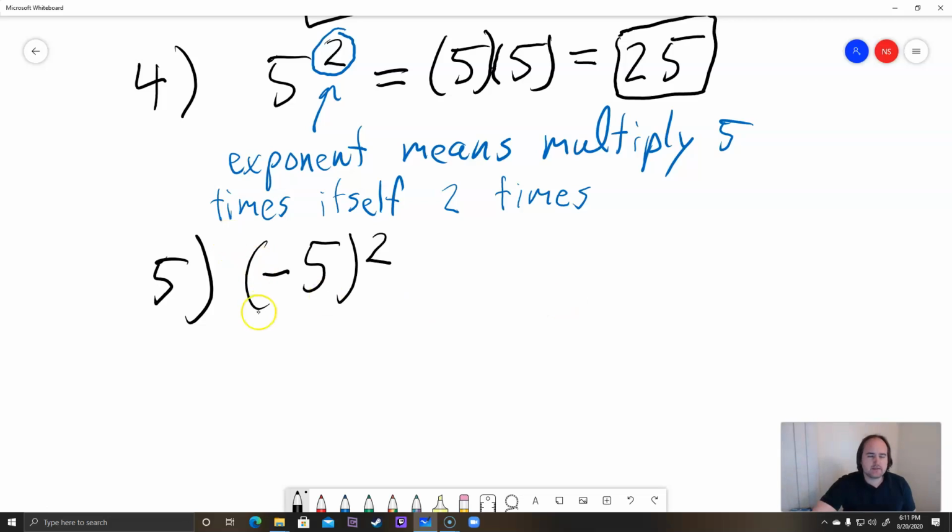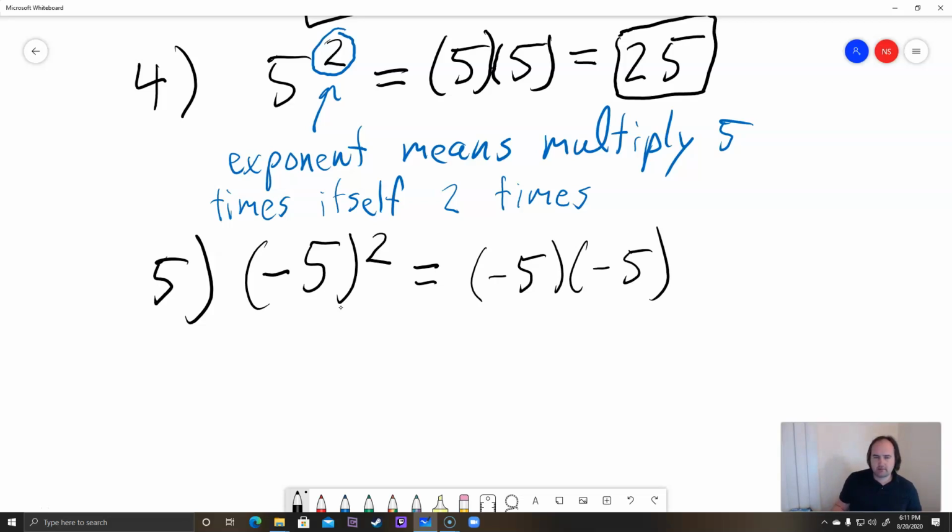So here the parentheses around negative 5 mean that the square, or the second exponent, actually refers to the entire negative 5. So if I were to write this out, because there's parentheses around the negative 5, we're going to get negative 5 times negative 5.